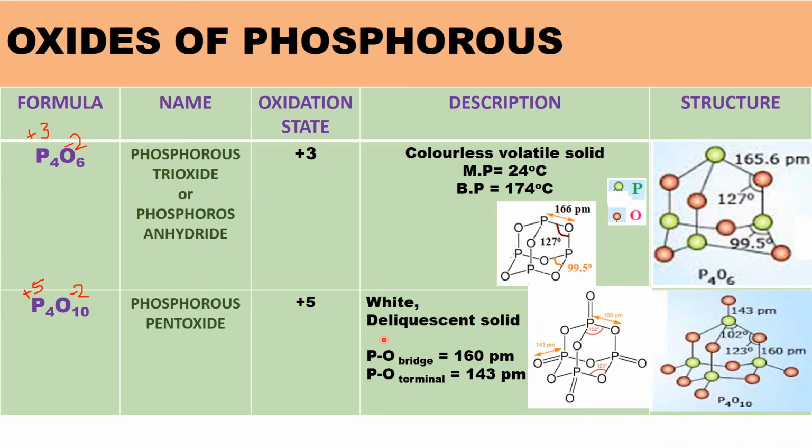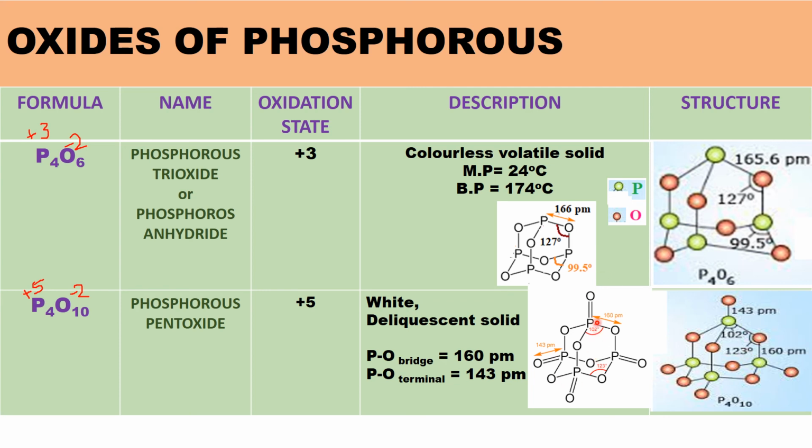Its structure is shown here. In this, the phosphorus-oxygen bond length is 143 picometer and the phosphorus-oxygen distance is 160 picometer here, and the bond angle between oxygen-phosphorus-oxygen is 102 degree, and here the phosphorus-oxygen-phosphorus is 123 degree.